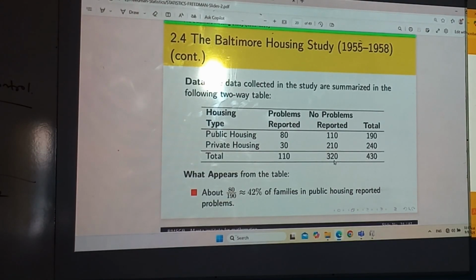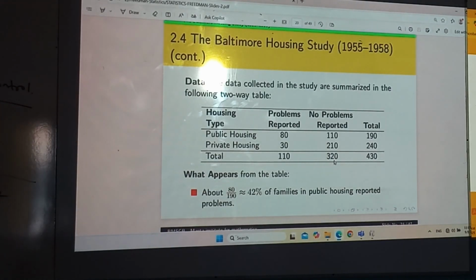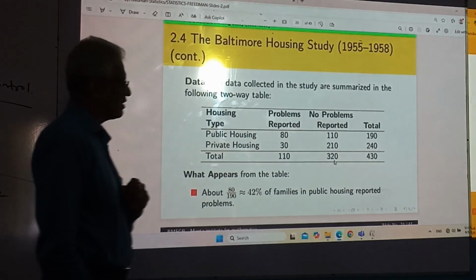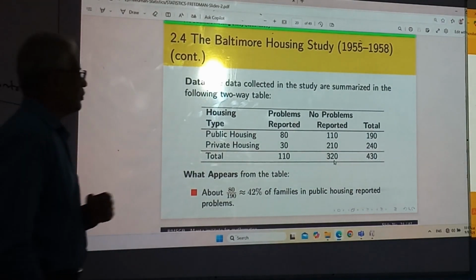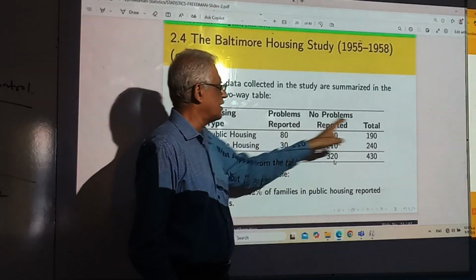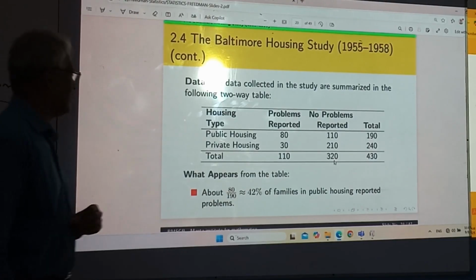So what can you say if you just look at these things, and what did you decide? If you consider the proportion, for example, the proportion reporting problems is 80 divided by 190 for public housing.